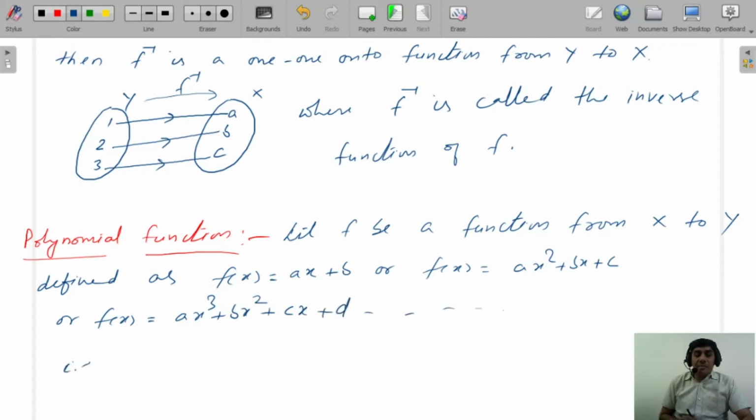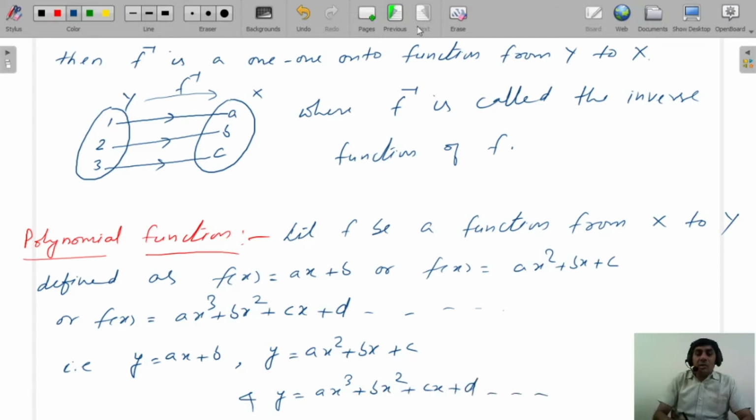That is, y is equal to ax plus b, y is equal to ax square plus bx plus c, and y is equal to ax cube plus bx square plus cx plus d, and so on.